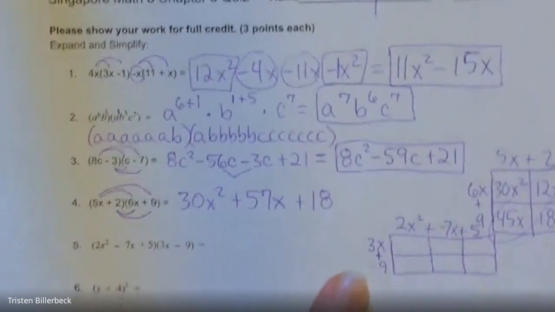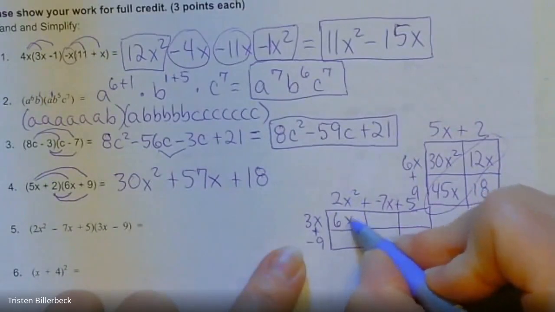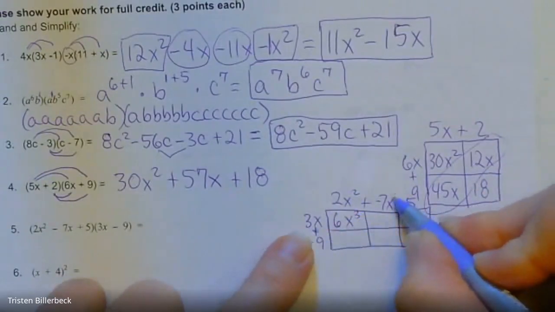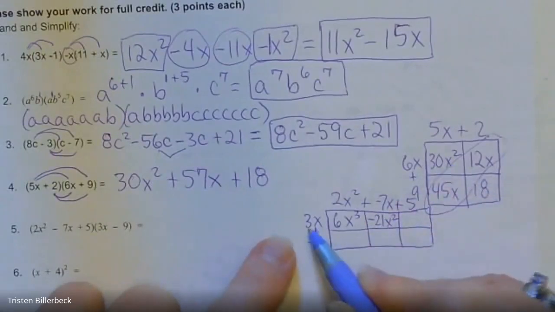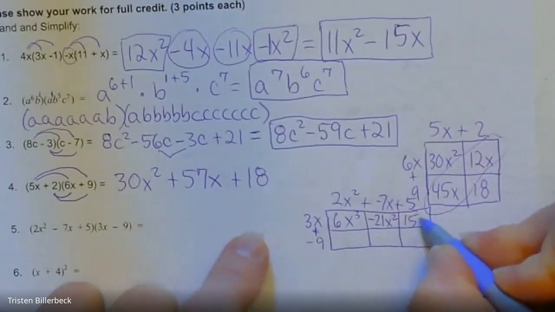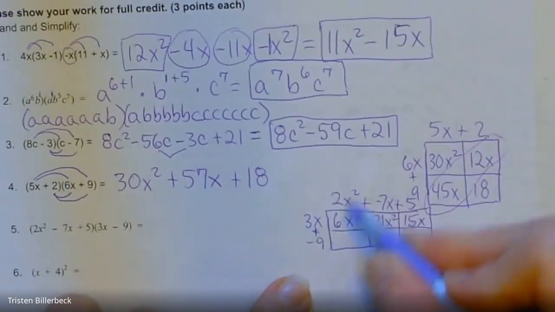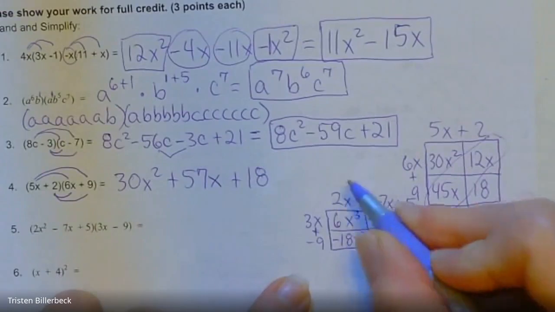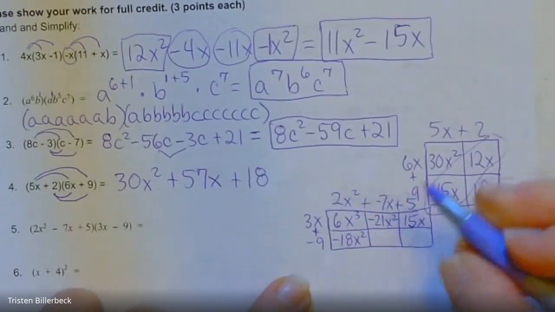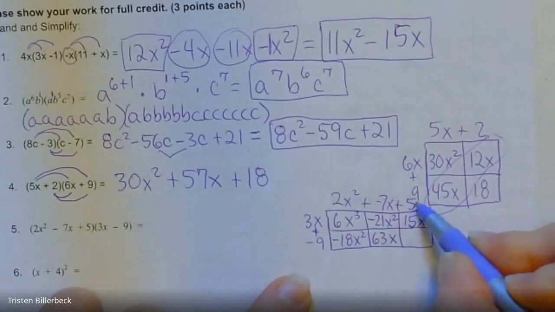So 3 times 2 is 6, and that's x cubed. 3x times negative 7x is negative 21x squared. 3x times 5 is 15x. Negative 9 times 2x is negative 18x squared. Negative 9 times negative 7 is a positive 63x. And negative 9 times 5 is negative 45.